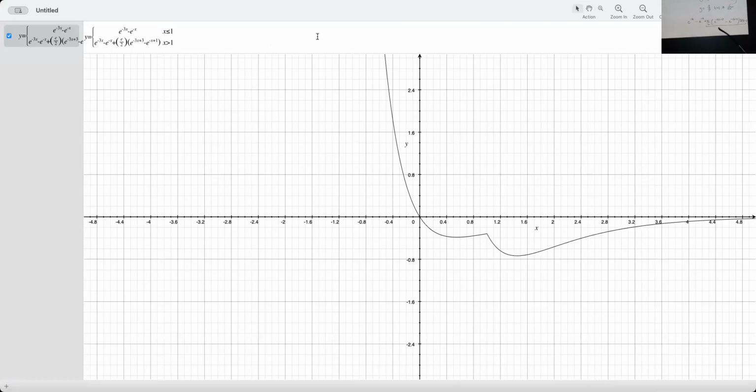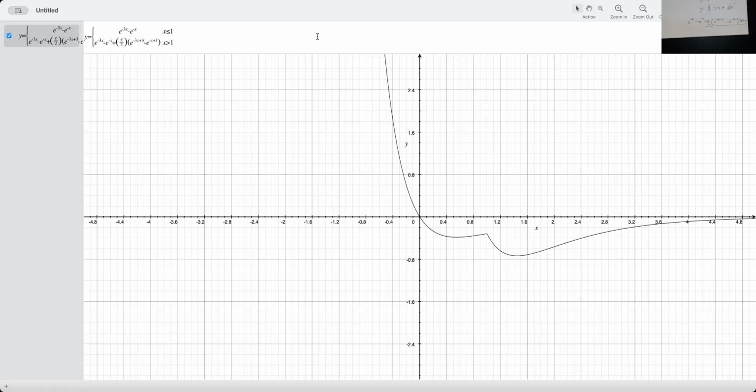There we go. And that's the same picture we had. Yeah. So I split it into two pieces and I make the change at 1 and I add the part that started at 1 for the Heaviside function.